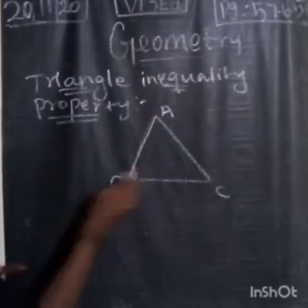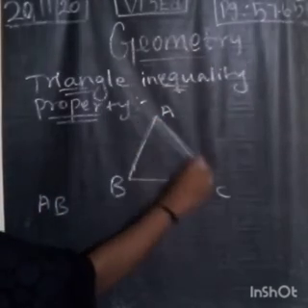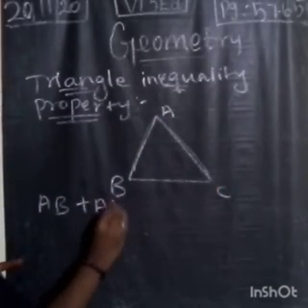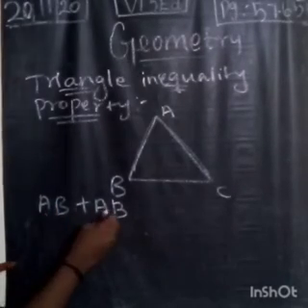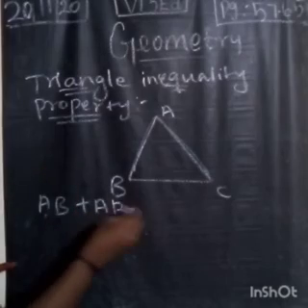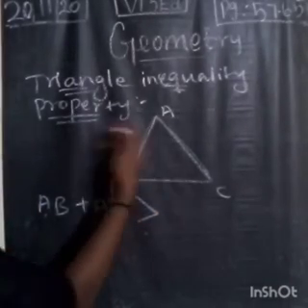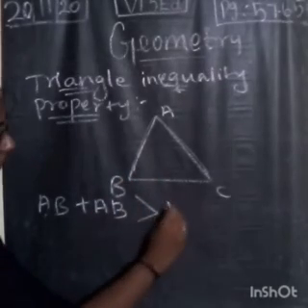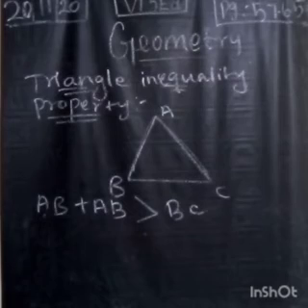Taking any two sides, AB and AC. The sum, here sum means addition, the sum of two sides of the triangle is greater than the third side BC, then it is known as the triangle inequality.